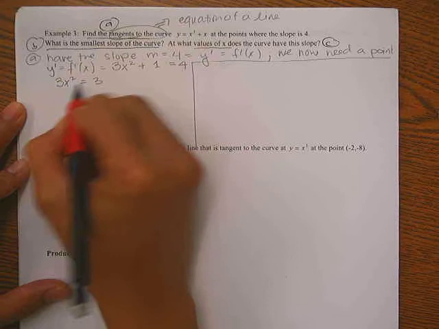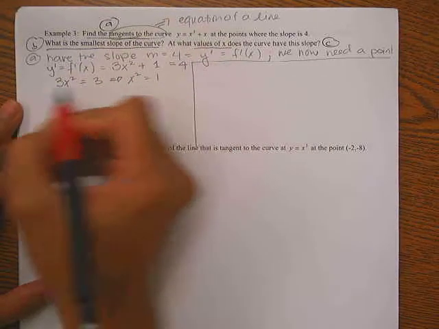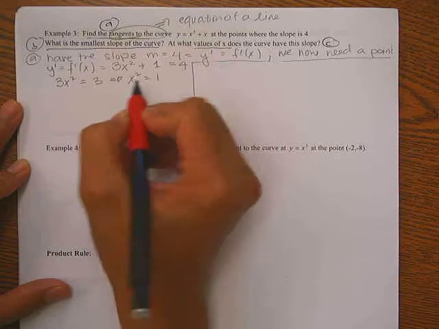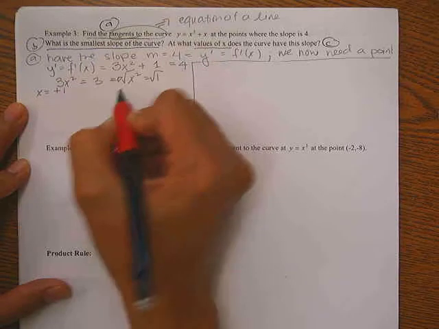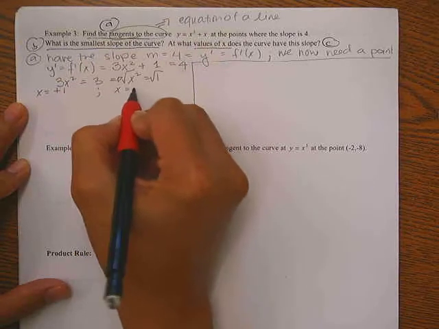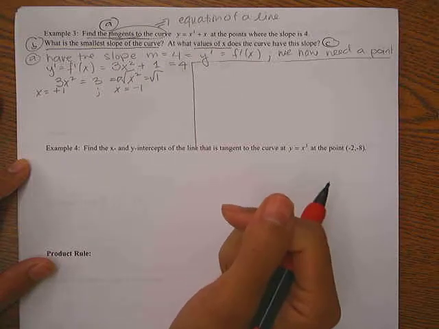I'm going to divide both sides by 3, so I have x squared equals 1. Now I'm going to take the square root of both sides. x is going to come out to be plus 1 and minus 1. Whenever you're taking the square root, you need a positive and a negative.